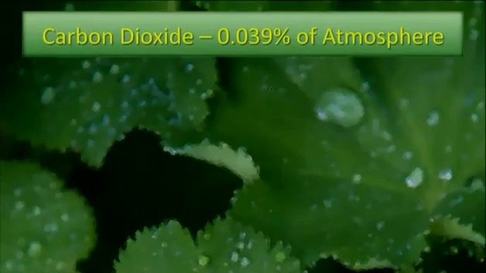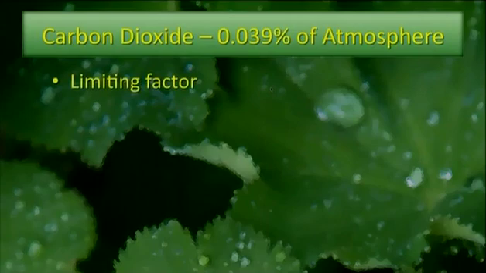Now carbon dioxide makes up 0.039% of the atmosphere, about 390 parts per million. About 78% of the atmosphere is nitrogen and about 21% is oxygen, with a little bit of hydrogen, helium, argon, and neon.